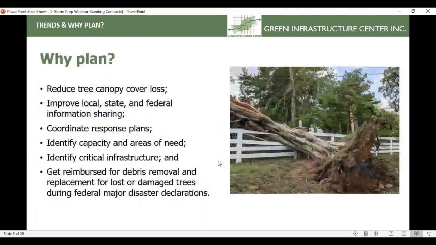So it's really critical that we start to do more and do better at preparing and planning for these types of storm events. In particular, we're focused on managing debris, vegetation debris, and managing urban forest resources.